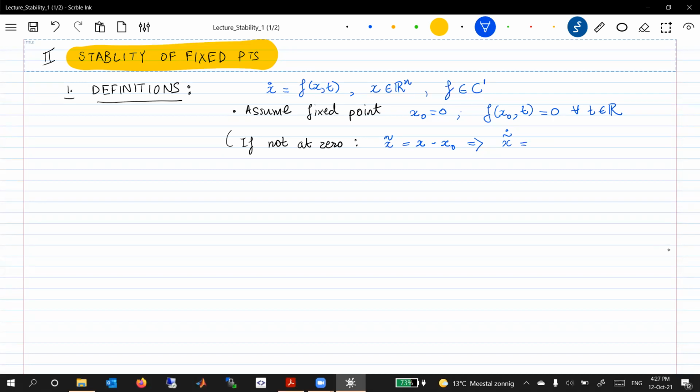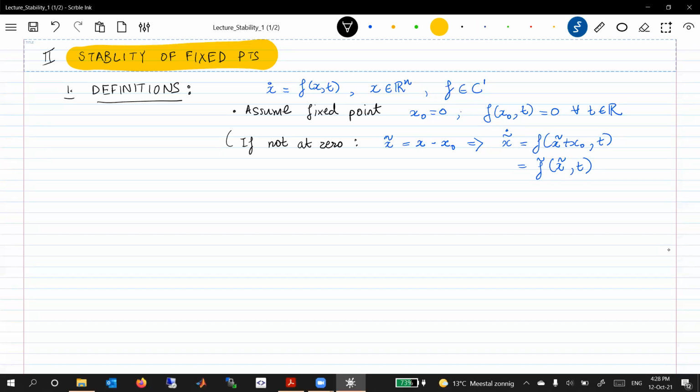And the right-hand side would be f of x, which is nothing but f of x tilde plus x naught. Now x naught is the fixed point, and that's a constant. So we can simply view this as a function of x tilde, and call it f tilde of x tilde, t.